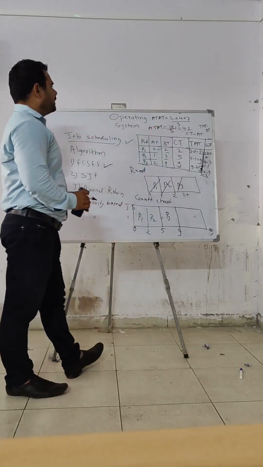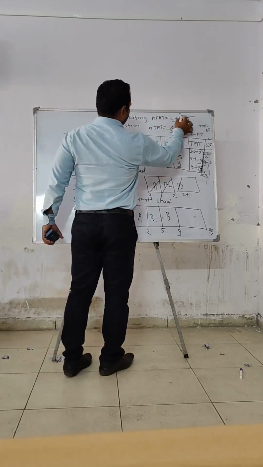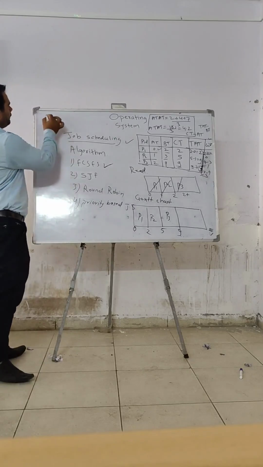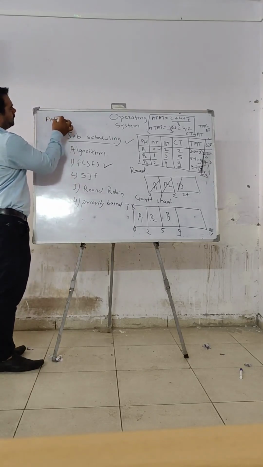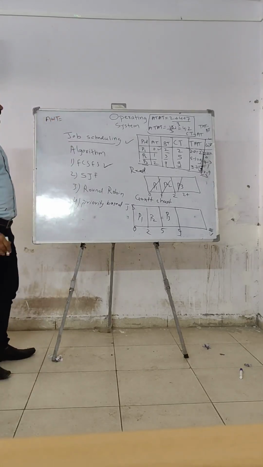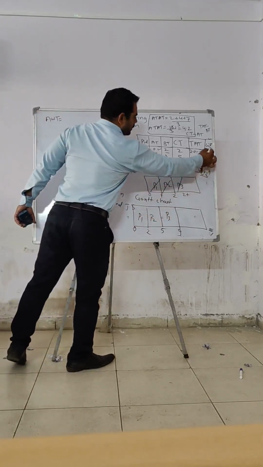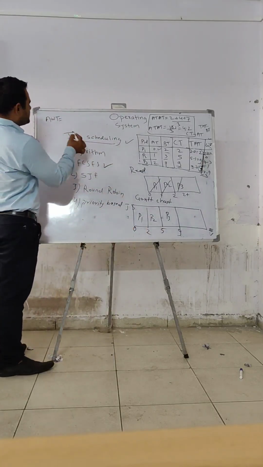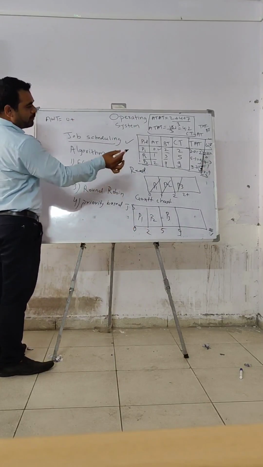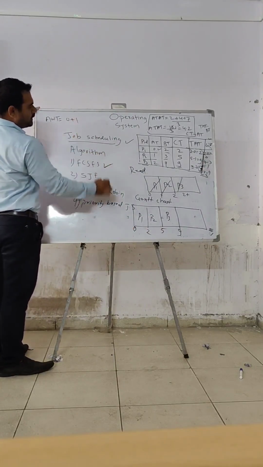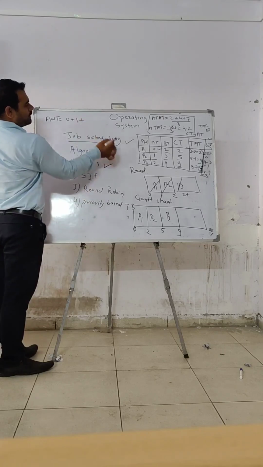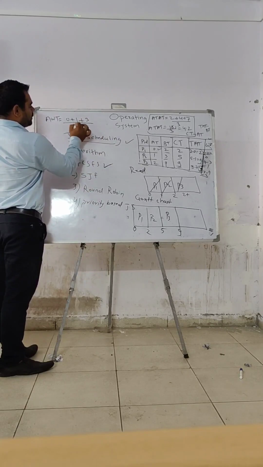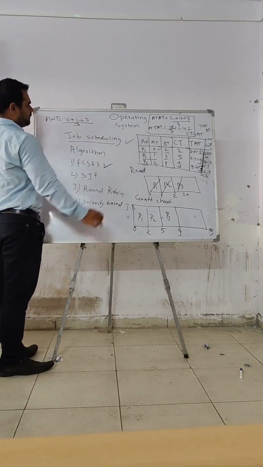Now we will calculate the average waiting time. To calculate the average waiting time, we will take the average of all these processes. Waiting time of P1 is 0, waiting time of P2 is 1, and waiting time of P3 is 3, divided by the number of processes, so 3.